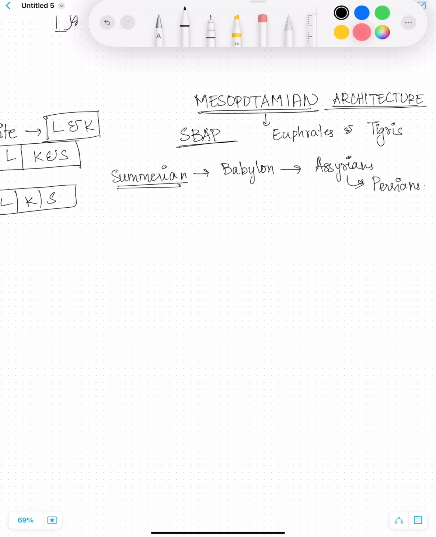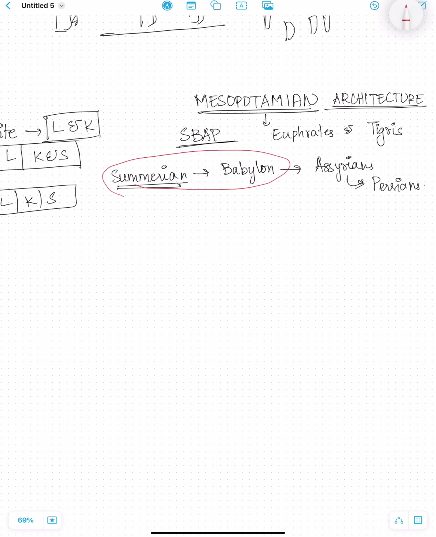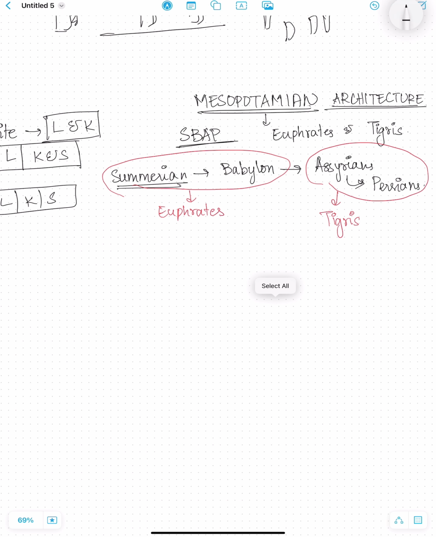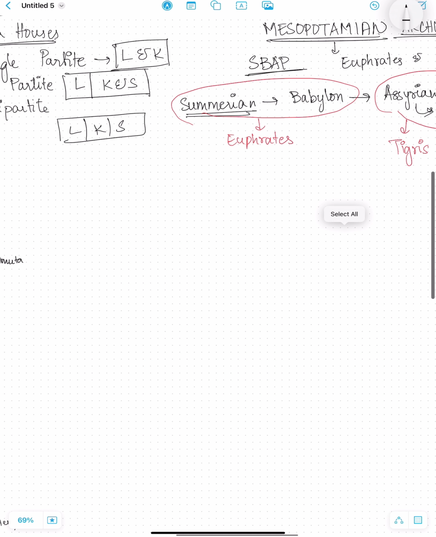Now, Sumerian and Babylon were based off Euphrates, whereas Assyrians and Persians were based off Tigris. Try to remember the river names as well because most of the civilizations were based on rivers, so it is important to remember the river names. So, Sumerian civilization.